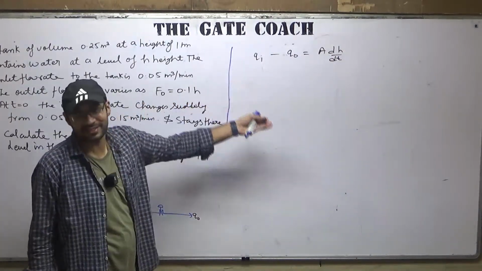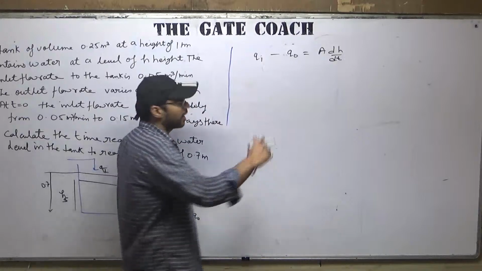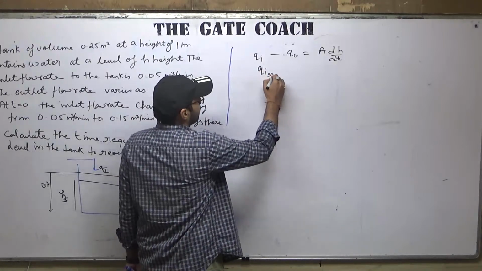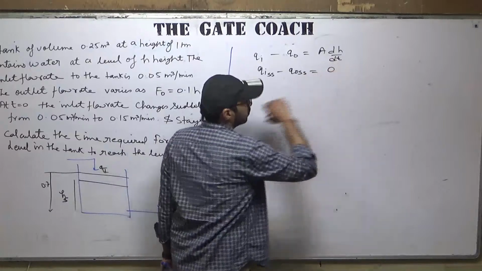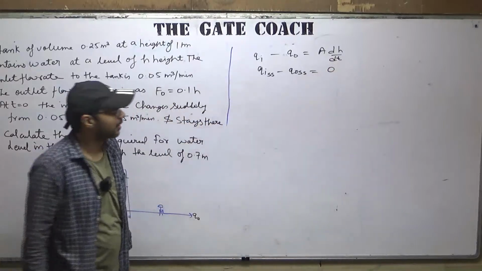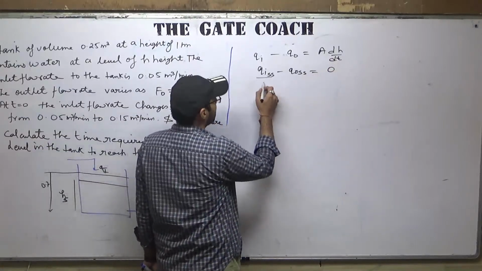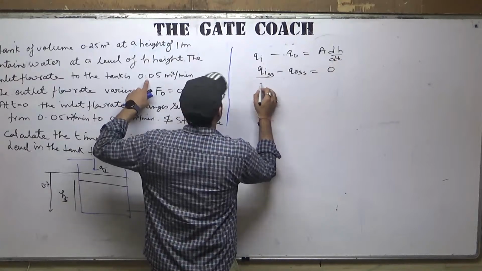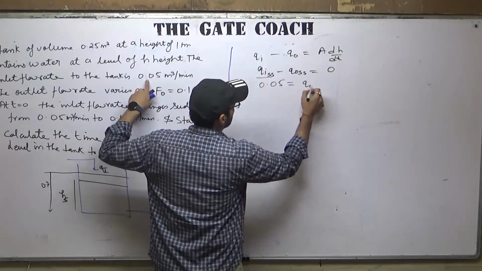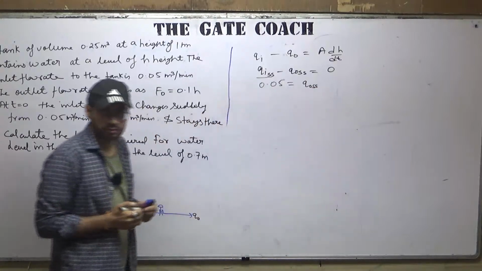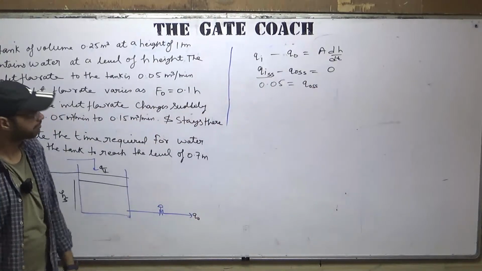It is not in terms of ss. Now we can write qi ss minus q naught ss, and it will become zero. And we know that 0.05 equals q naught ss. This is the case.